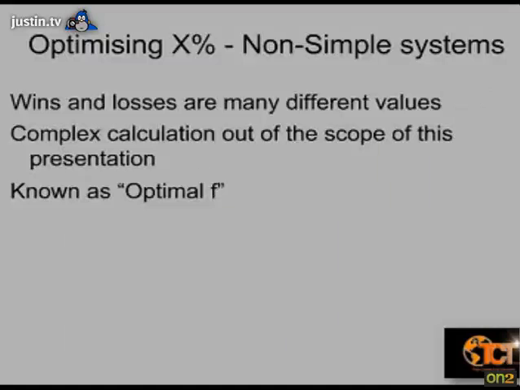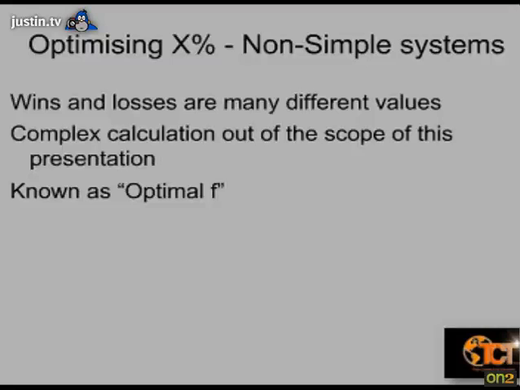But let's just move on to a comment about non-simple systems, and there's probably more of these than there are of the other type, where your wins and your losses are of many different values. There's somewhere in between your maximum loss and your maximum win. There's no standard mathematical formula that can be used to calculate that optimal figure.